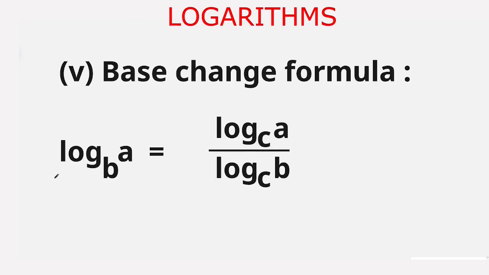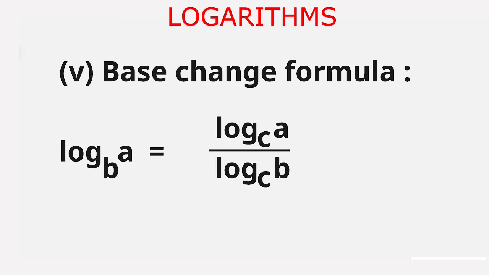So to change the base of a from b to c, what we have to do? We have to do log a base c divided by log b base c. This formula is very useful and we will learn its utility while solving the questions on logarithm.